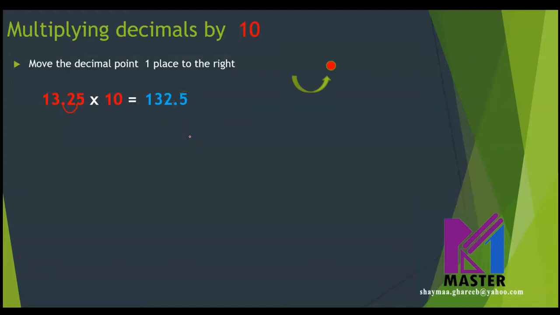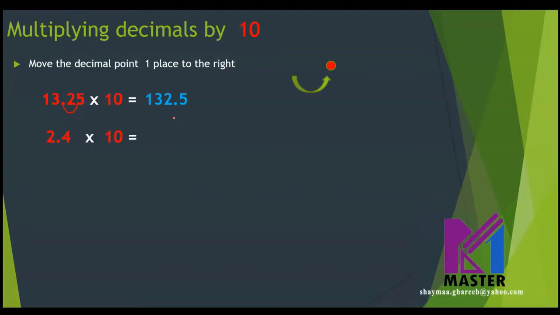Is this clear? So when I multiply by 10, the number is getting bigger by one place, which means each digit moves to the bigger place, one place bigger. Okay? By moving the decimal point one place to the right direction.